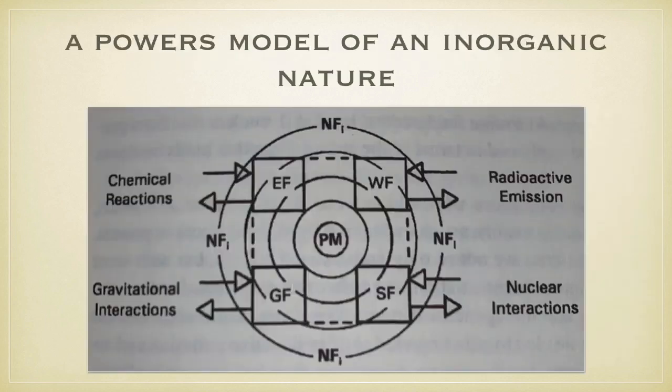In this image above is a diagram of a powers model of an inorganic nature. This model seeks to explain the four forces of physics with a hylomorphic understanding of an atom. Beginning in the middle is PM. This represents prime matter. On the outside, it says NF. This is natural form, for the PM and NF are together, and they permeate the entire thing and form one substance.